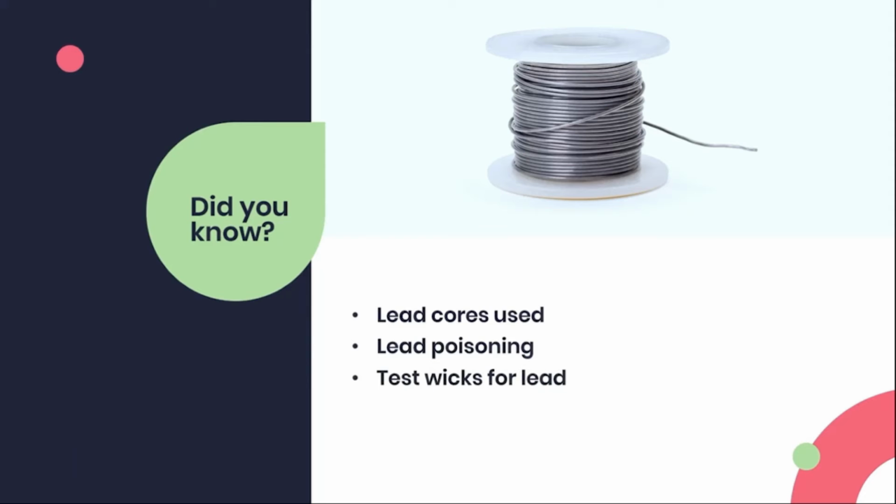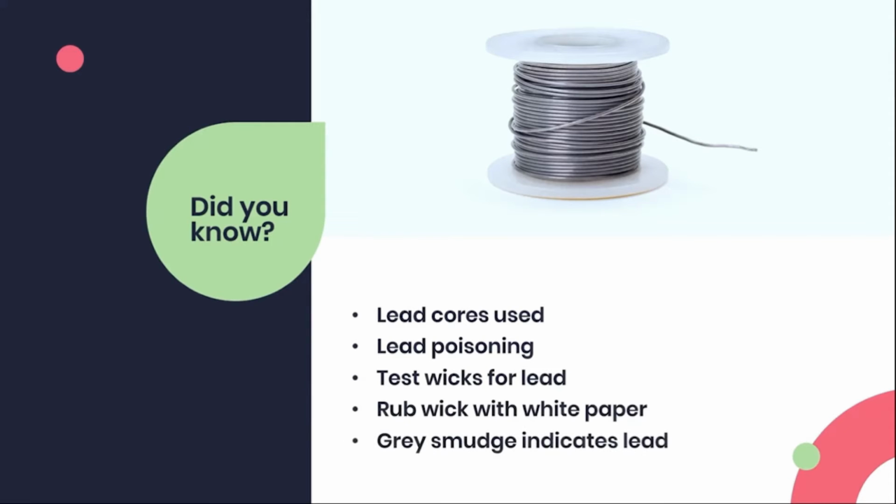An easy way to test this for yourself is to rub a wick that has not yet been lit with a white piece of paper. Should there be a grey smudge remaining, you can be sure there is lead in the wick. In this instance, discard the candle immediately. Lead poisoning is especially dangerous to babies and children and can lead to serious side effects.